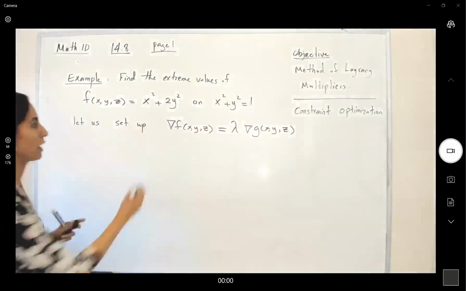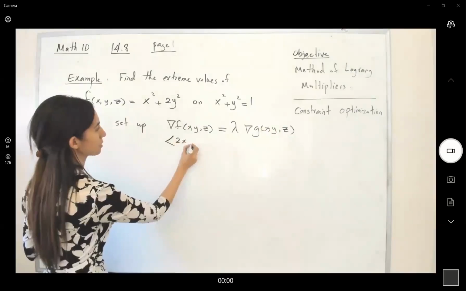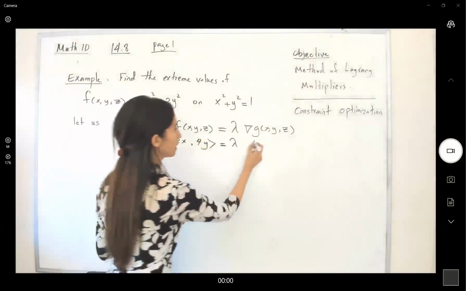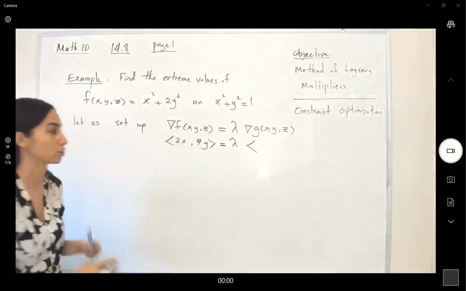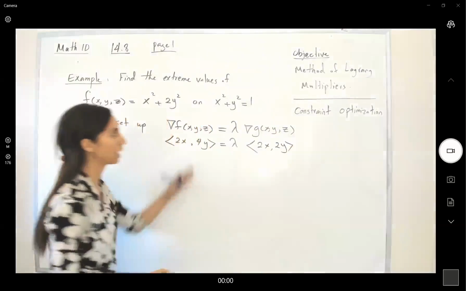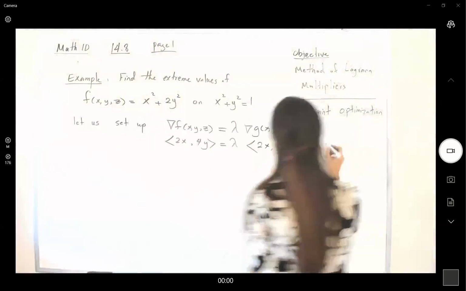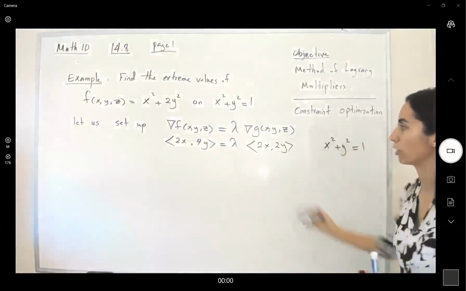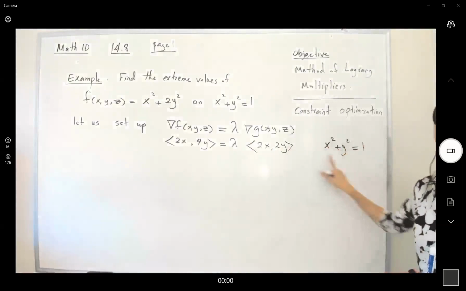So the gradient of f, 2x, 4y, must be equal to lambda times the gradient of g, 2x and 2y. Note that you have your constraint here: x squared plus y squared equals 1. So we're using these two.